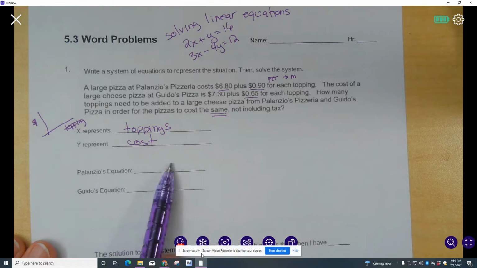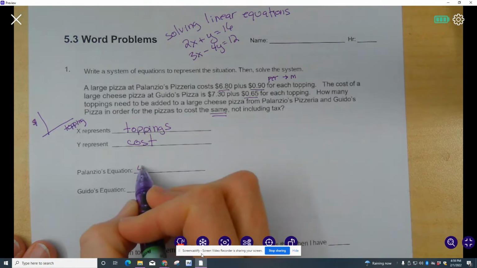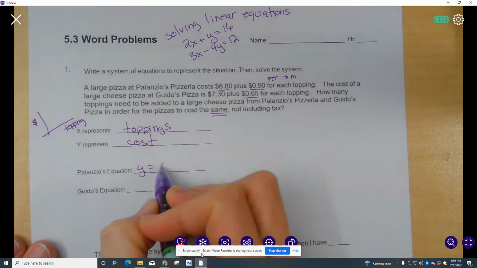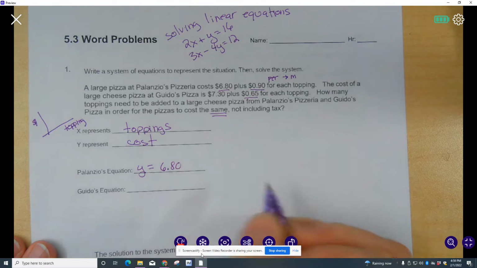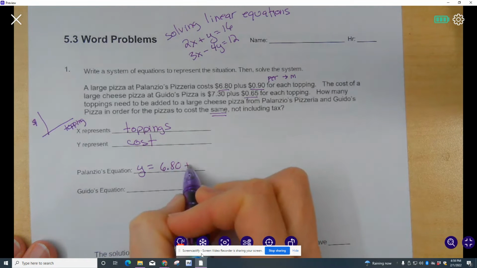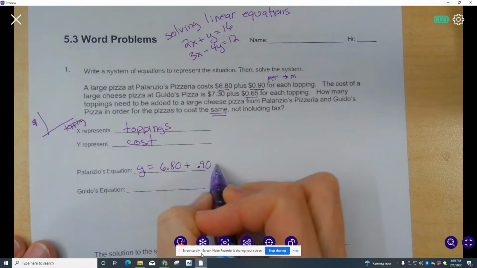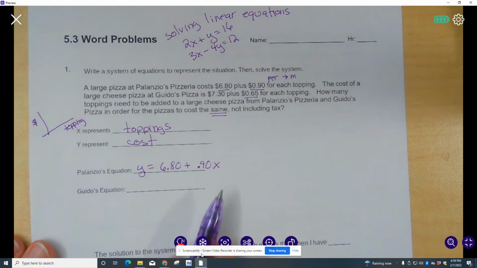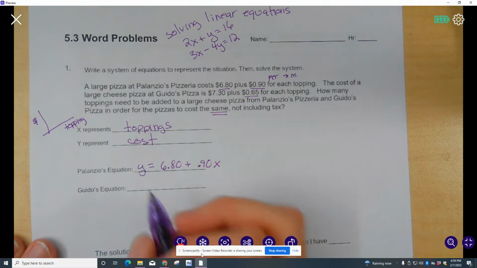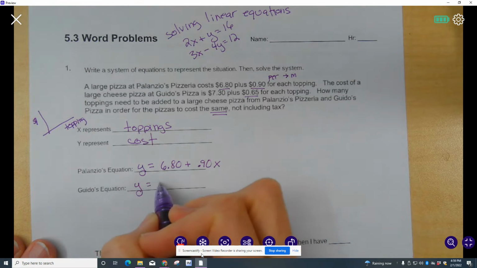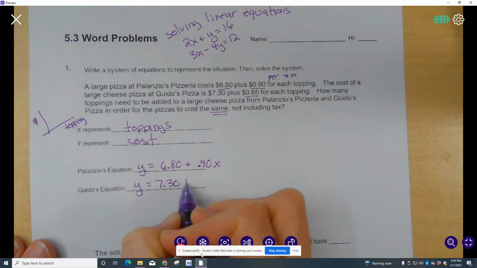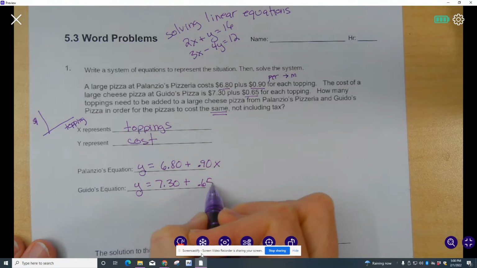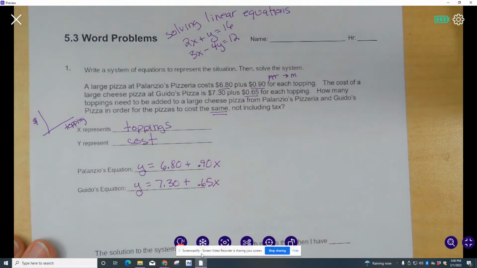So for this equation, the cost of my pizza is going to be the $6.80 for sure, plus 90 cents per topping. If I get one topping, I'd pay 90 cents plus 6.80. If I get two toppings, I'd pay 2 times 90 cents plus 6.80. Then Guido's cost is $7.30 plus 65 cents per topping.